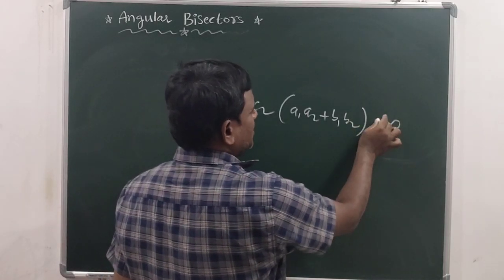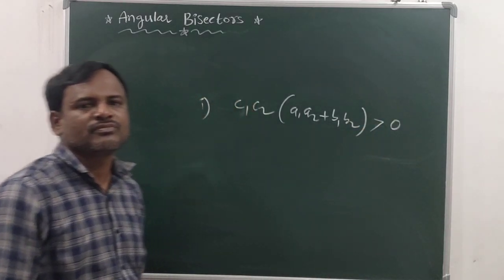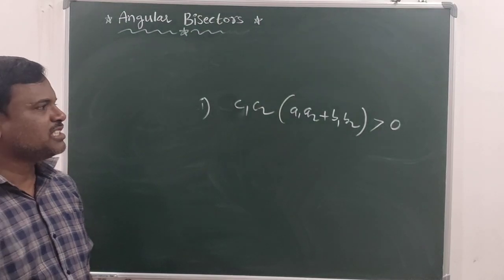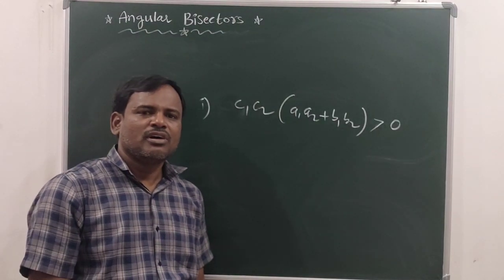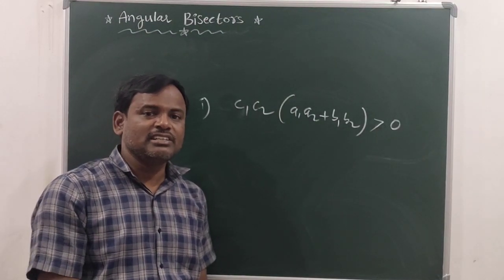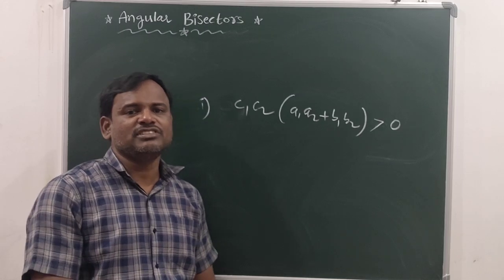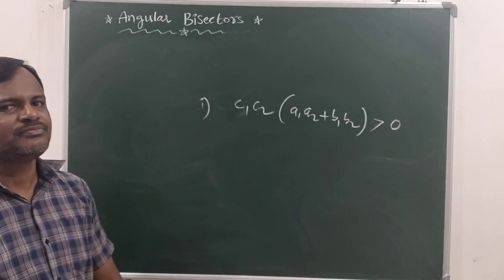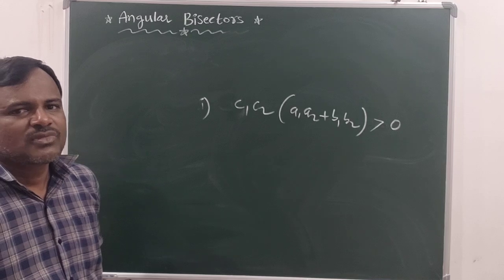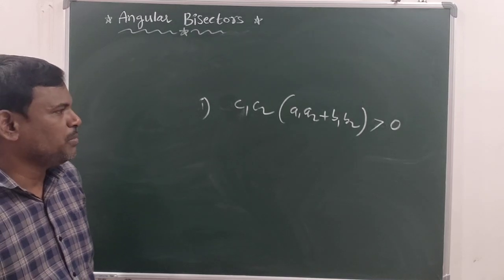You may also get this positive. In such case you get one angular bisector, that is the obtuse angular bisector in which the origin is lying. Okay students, I hope you have understood this.